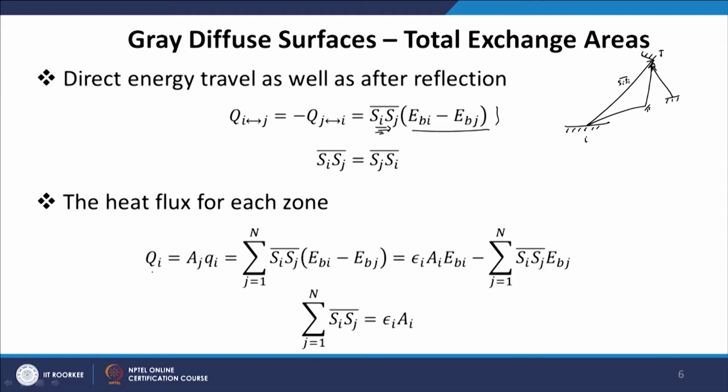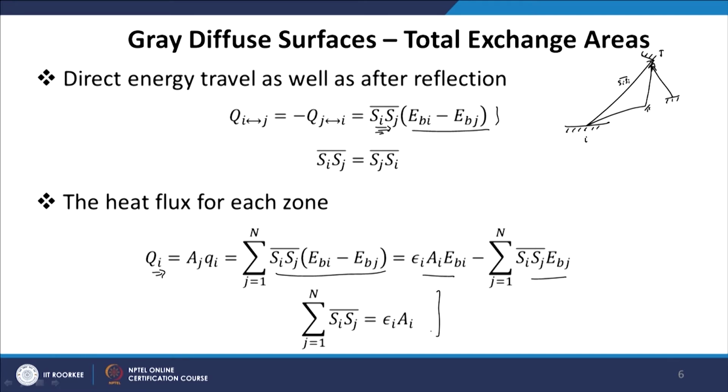So, in terms of total exchange areas, we can define the radiative heat flux or radiative transfer from surface i as the summation over j = 1 to n of SiSj, that is total exchange area, multiplied by the difference in emissive power. This can also be written, similar to the direct exchange area, as epsilon_i A_i E_bi minus the summation over j = 1 to n of SiSj E_bj, and the total exchange area now follows the sum over j of SiSj equal to epsilon_i A_i.